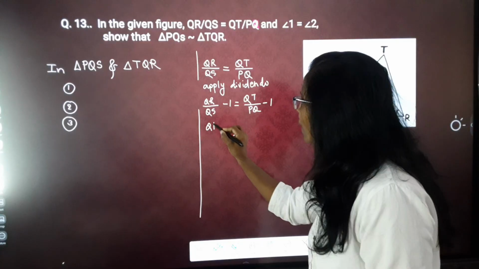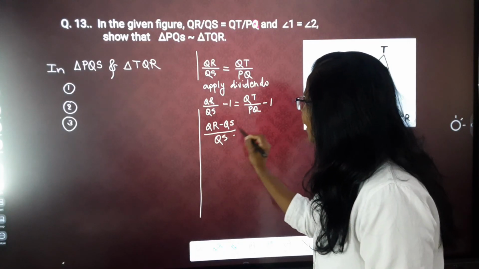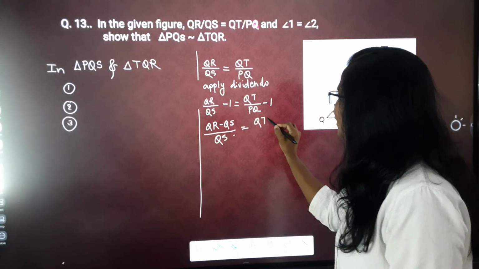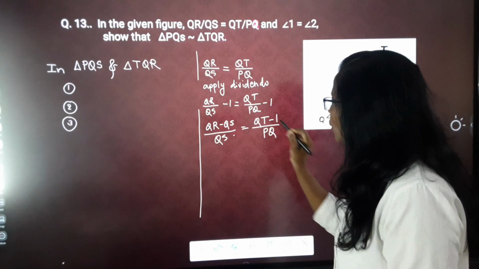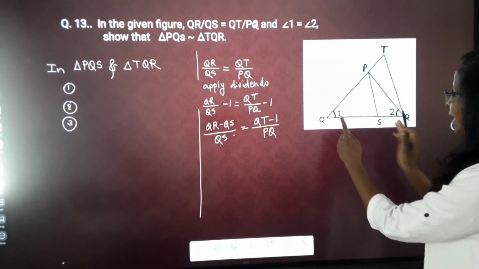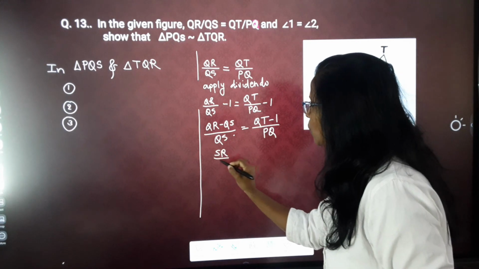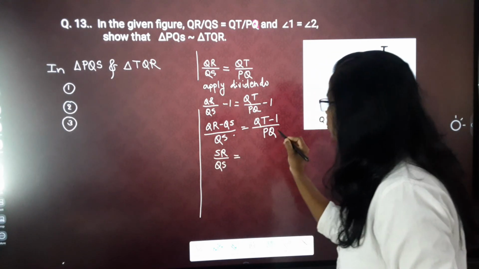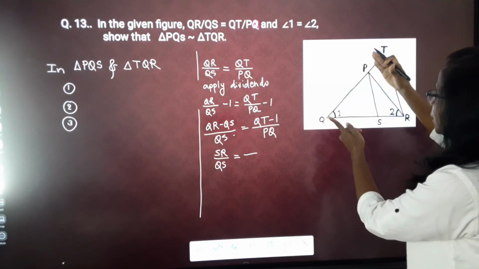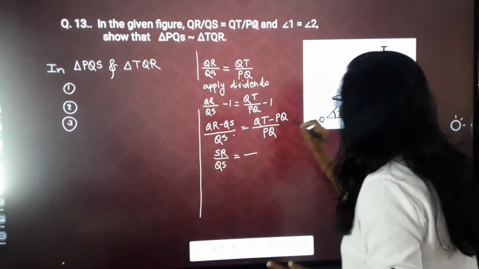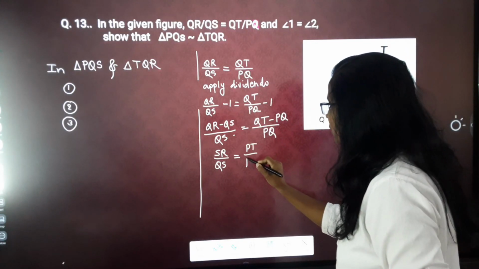So here QR minus QS upon QS is equal to QT minus PQ upon PQ. So that means QR minus QS, we get the SR. So SR upon QS is equal to QT minus PQ, that means the PT. So here we write PT upon PQ.